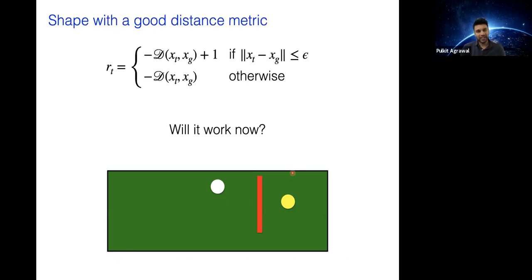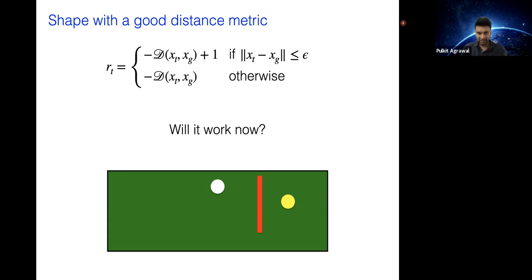So maybe what we can do is modify my shaping term again and shape it with some good distance metric, right? A good distance metric might account for walls, and might say that the distance between this point and the yellow block is very large, for example.